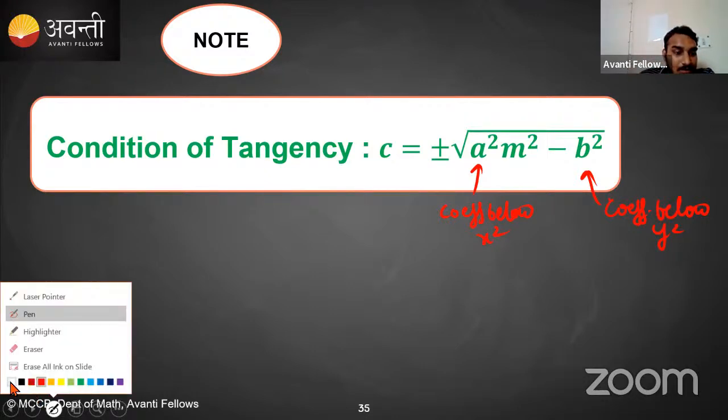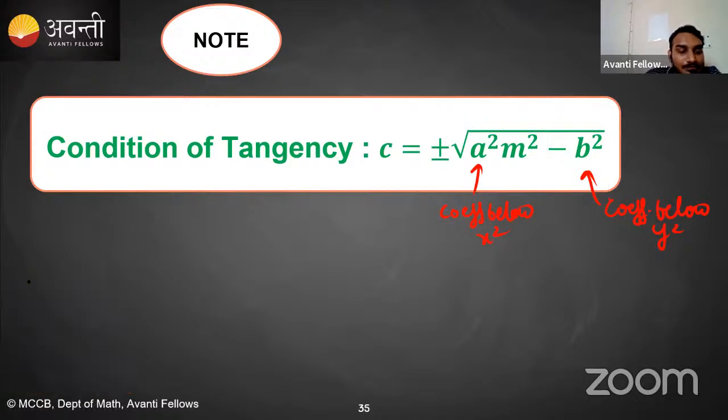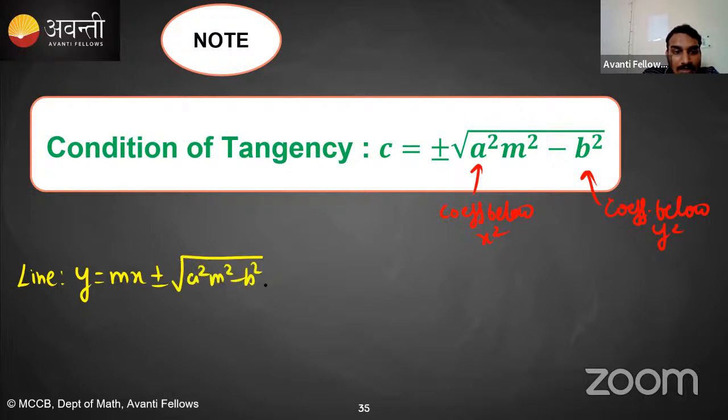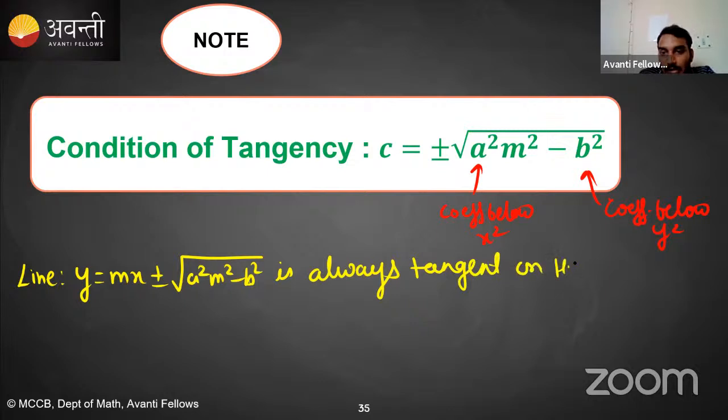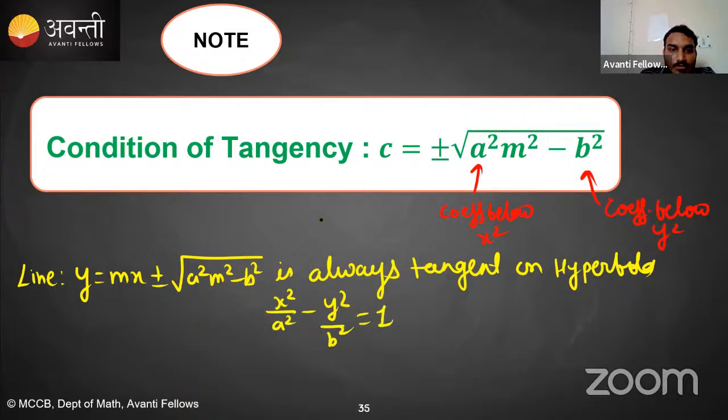Will you remember? So you can say that the line y equal to mx plus minus under root a square m square minus b square is always tangent on the hyperbola x square by a square minus y square by b square equal to 1. Clear?